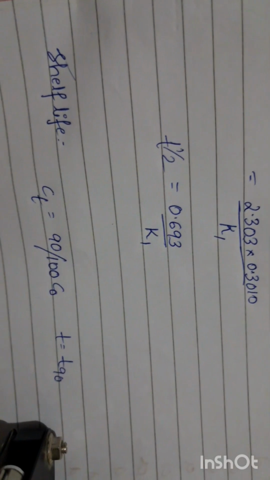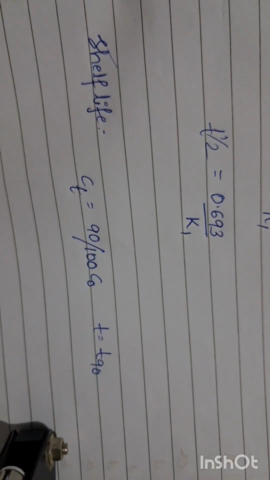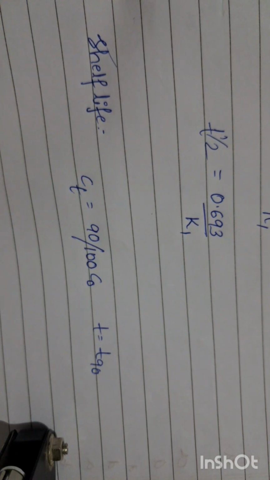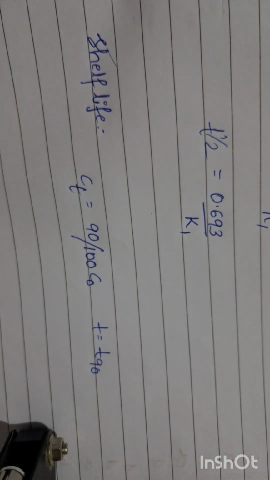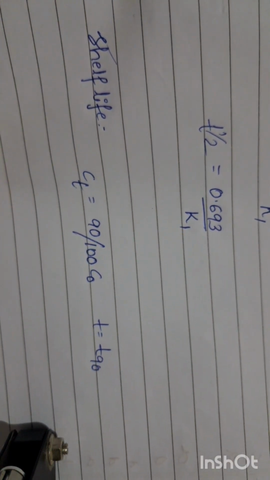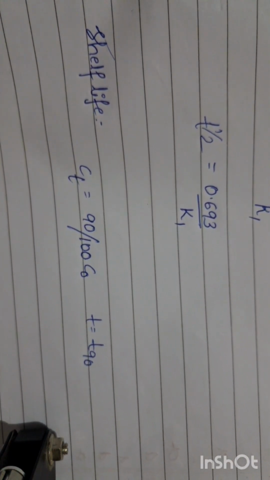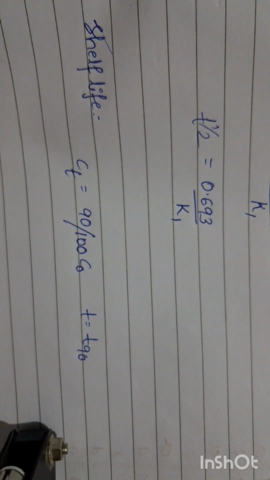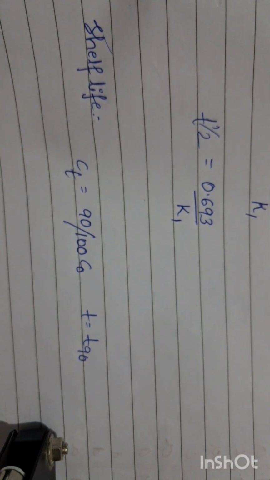Now the shelf life. What is the shelf life? It is the time required to reduce the concentration of the reactant to 90% of its initial concentration. So here the final concentration Ct is 90 by 100 into C0, and the time is T90.